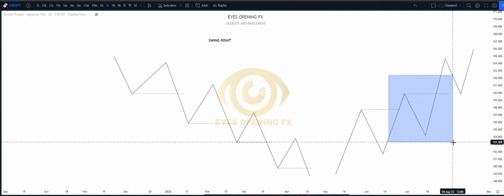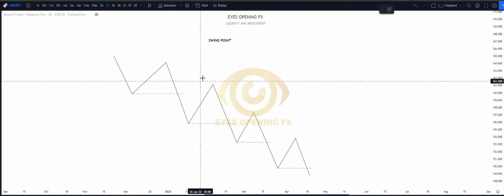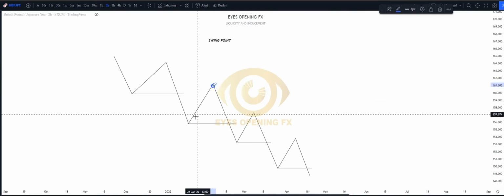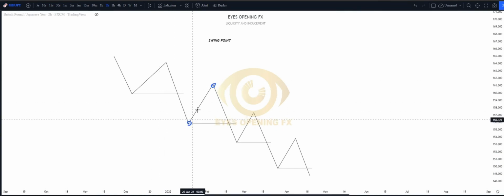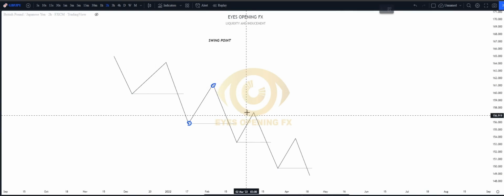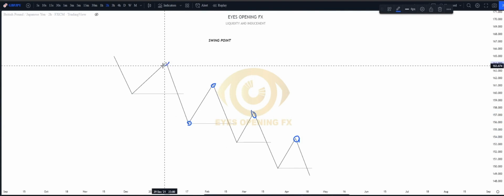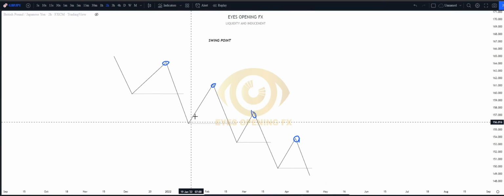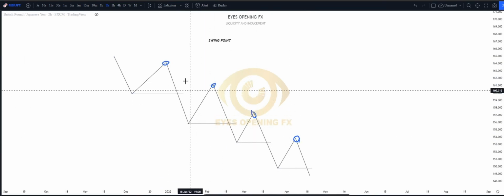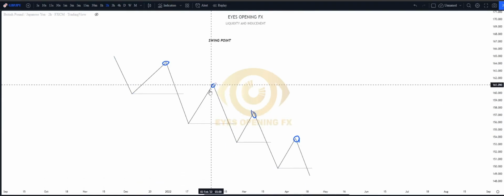So now let's discuss this bearish trend first. For us to say that this is a major swing point high and a swing point low, it must be that any of these highs that I'll be marking here, there must be the one that will form a lower low, and there will be the swing point in this bullish move.